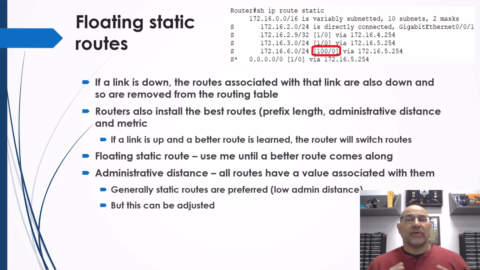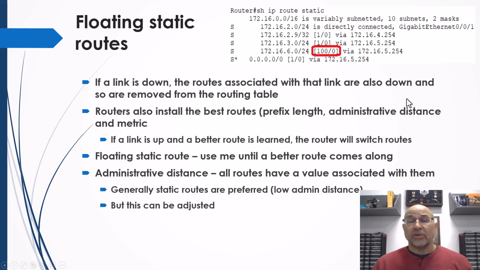So the idea of prefix length and admin distance and metric, these are important ideas to hang on to as well. Now in the example above here, I did the static route exactly the same, but I used an argument to the static route command to add this metric, or the admin distance. So I changed the admin distance, and you can see that normally it would be a 1, and now it's a 100.